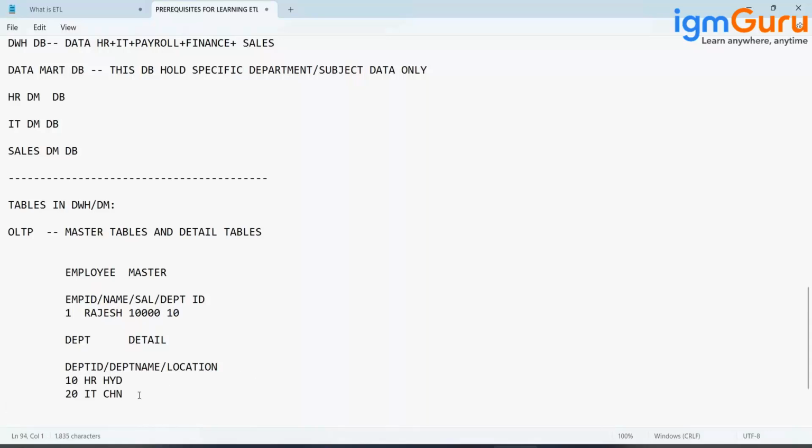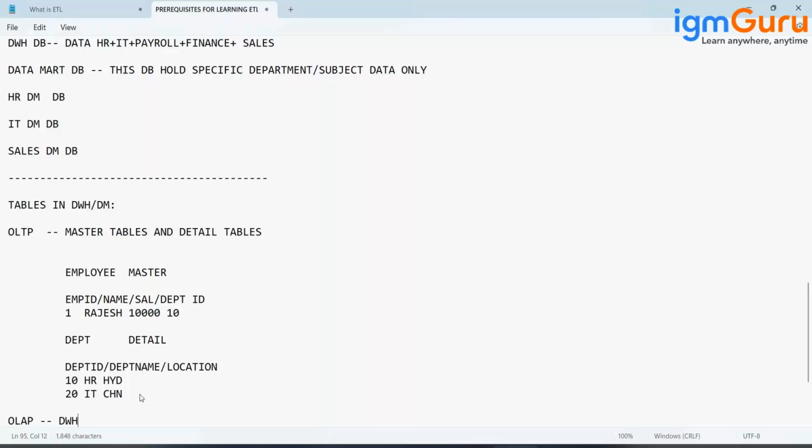So depending upon the data you are going to store, I can hold my data in master tables and detail tables in the case of OLTP. Similarly, how will I store my data in warehouses?